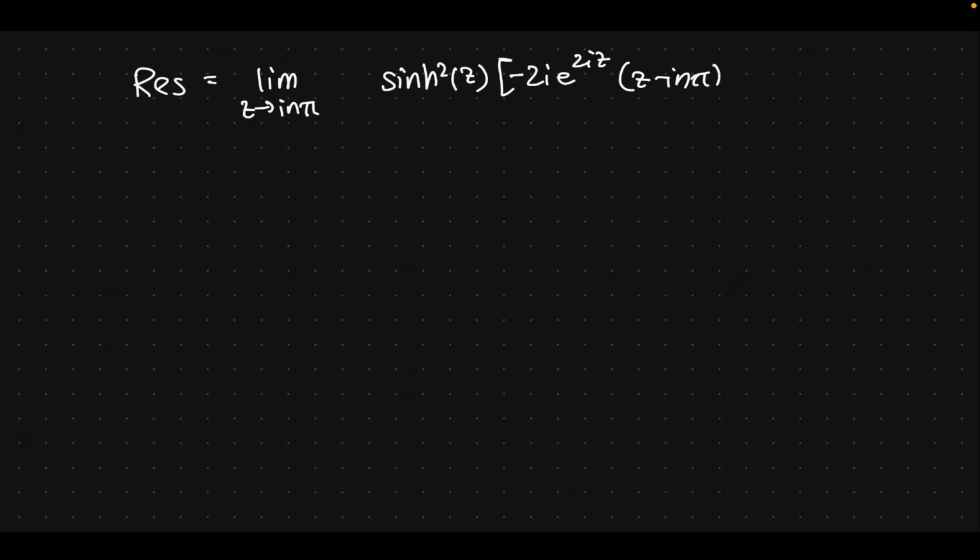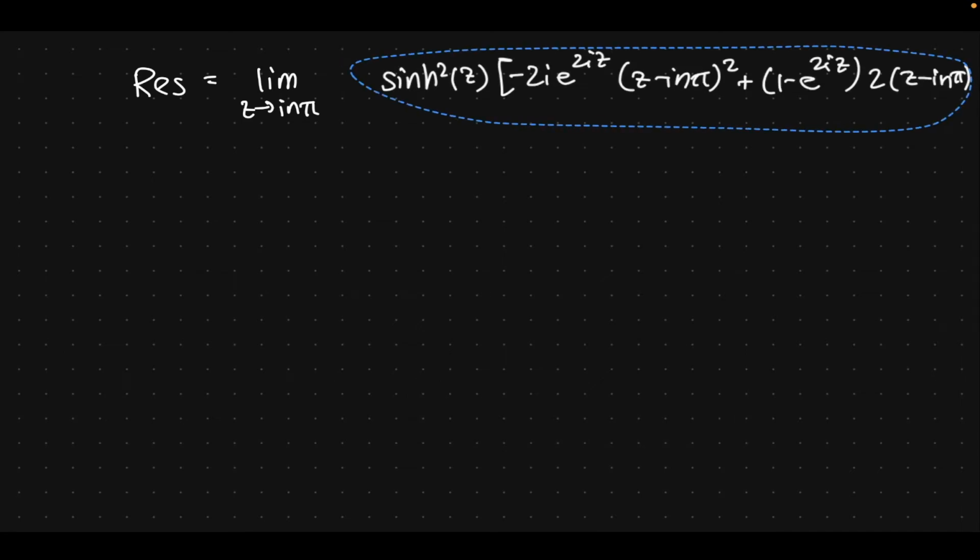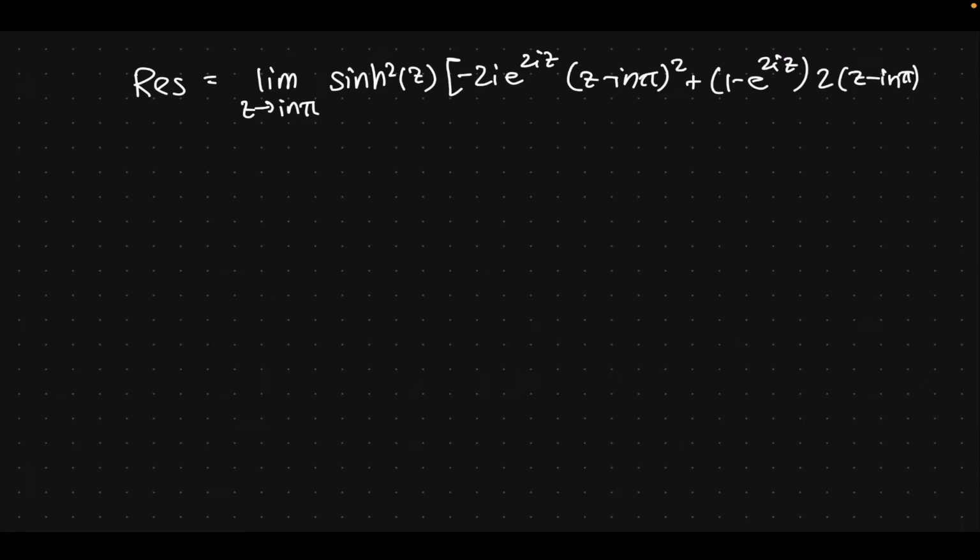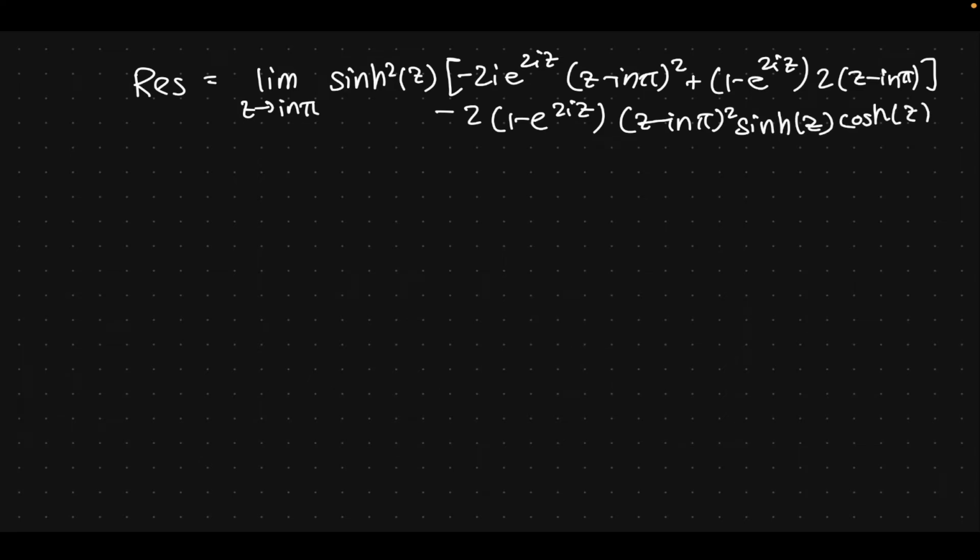The residues are actually going to be, let's see, we're going to have the limit as z goes to I n pi of sinh squared z times minus 2i e to the 2iz times z minus I n pi squared, times 1 minus e to the 2iz times 2 times z minus I n pi, and I will shift this now because it has exceeded the confines of the page, and then minus 2 times 1 minus e to the 2iz times z minus I n pi squared times sinh z cos z, and this was just the numerator, divided by sinh to the 4th of z.